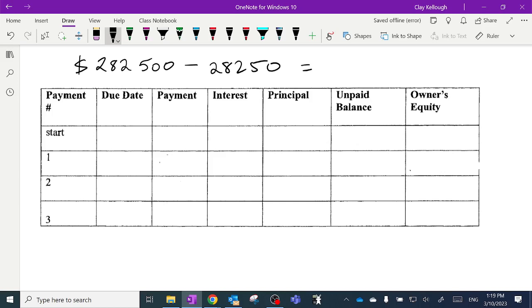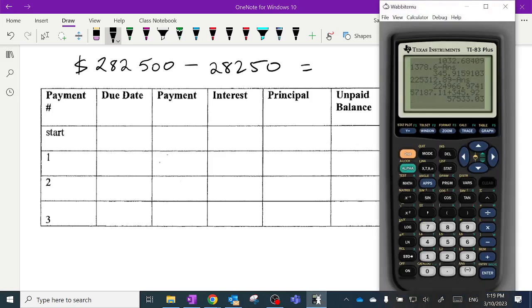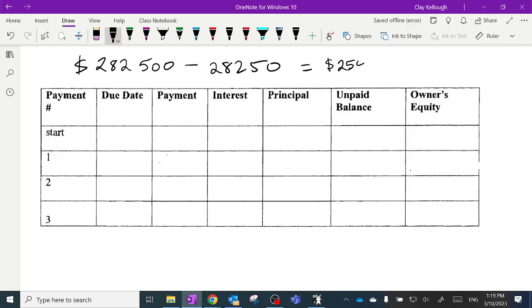So, how much is my actual mortgage? All right, calculator. We will take 282,500, and we will minus 28,250. And we will get $254,250.